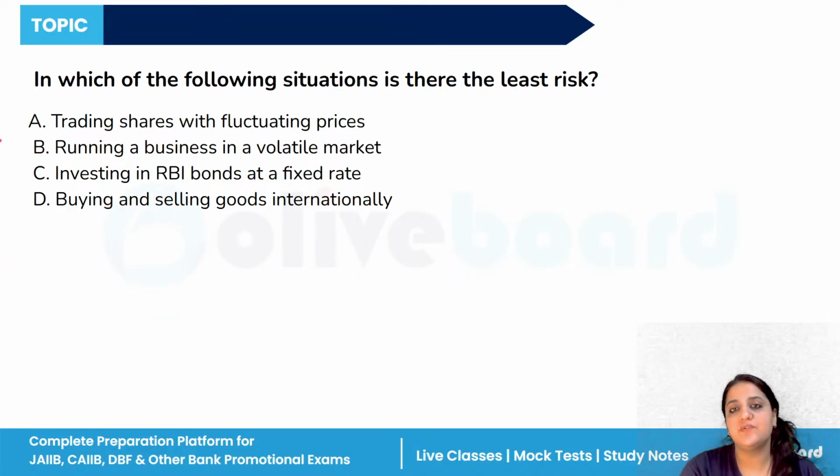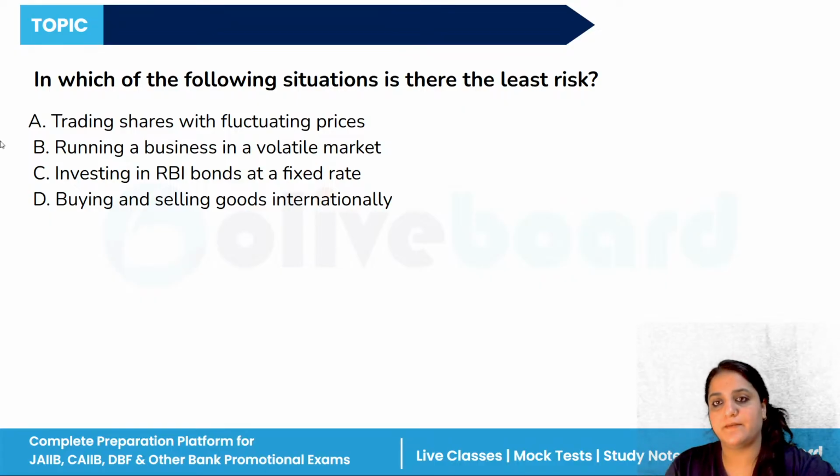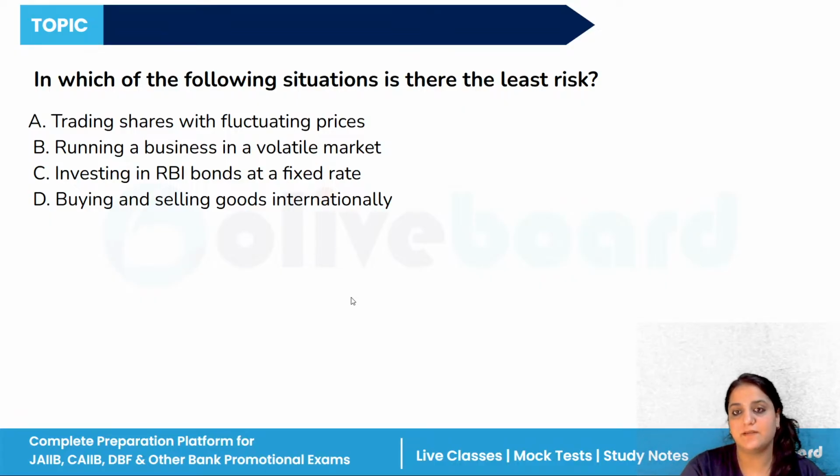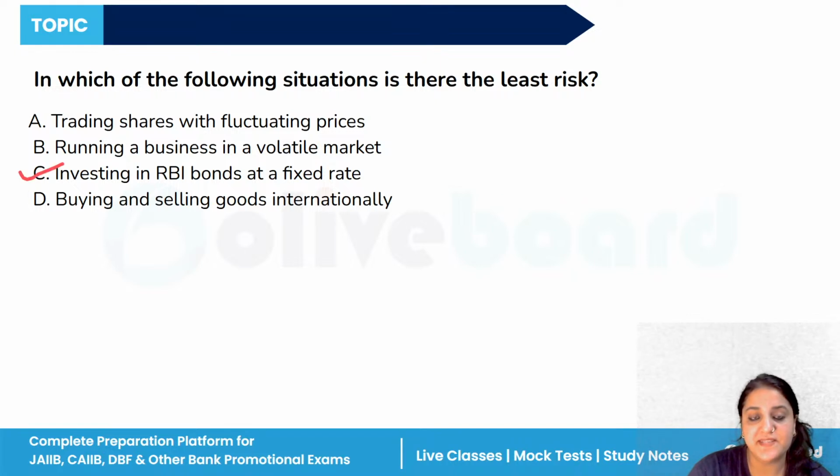In which of the following situations is there the least risk? See, here the correct answer is option C. Why?